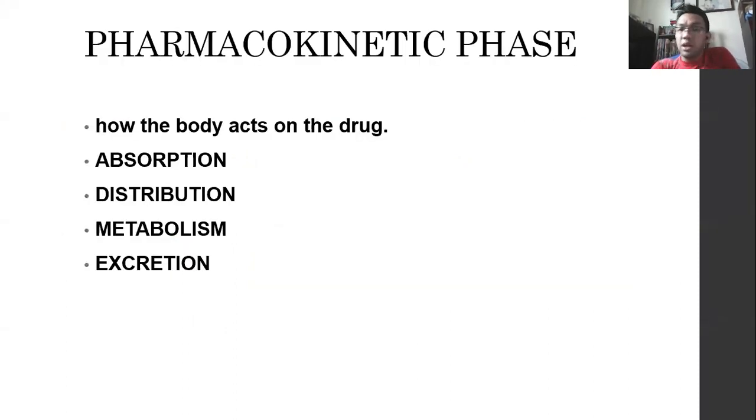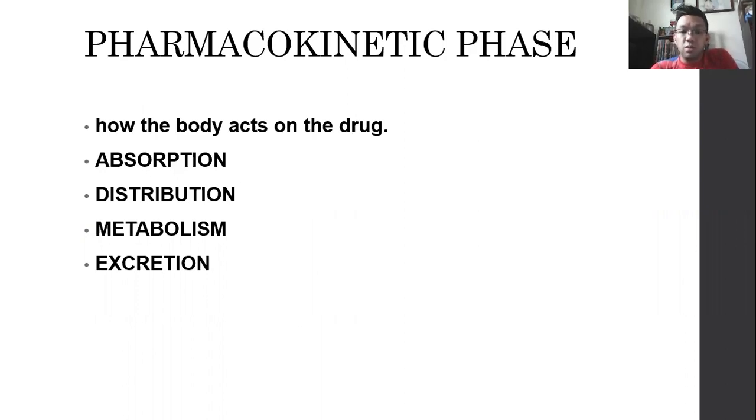In the pharmacokinetic phase, this is the study on how the body acts on the drug. The first stage of pharmacokinetics is absorption. Once a drug has been ingested, that's the major job of our GI, most especially if the route of administration is the oral route.